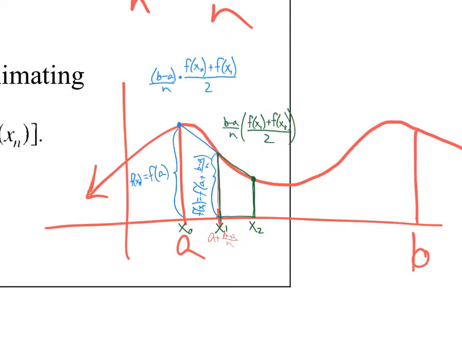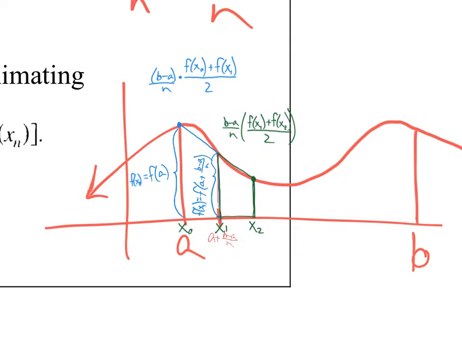Now, I know we've only done 2, but do you see the pattern here? So it's only 2n because of the 2 on the bottom of the trapezoid. We've only done 2 trapezoids, but if I kept going, all of them would have this b minus a over n.